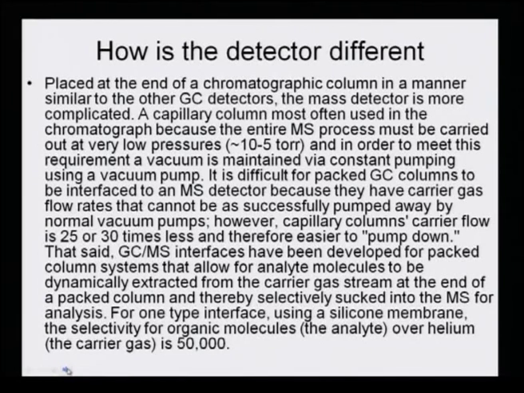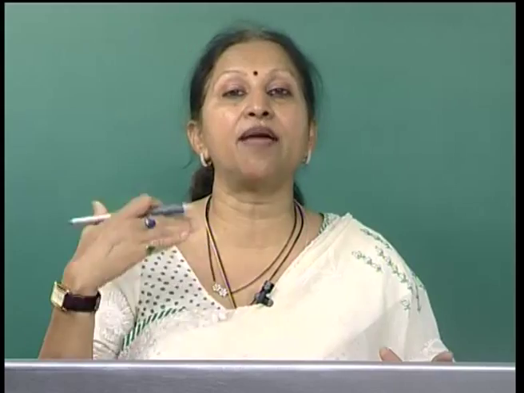But of course, this arrangement is not always available in every machine. It is possible to do that, and that is why I am making you aware that packed columns can also be used, but that configuration of machine is slightly different from the usual GCMS machine.